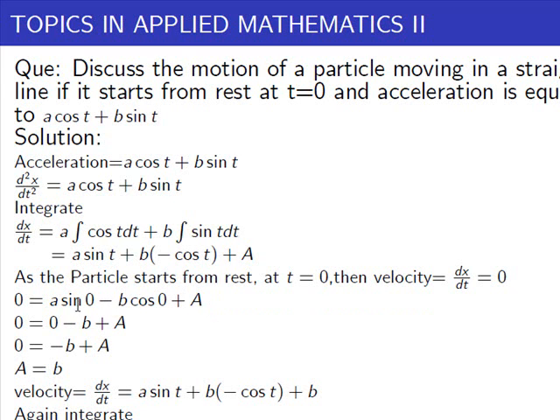Sin 0 is 0 and cos 0 is 1, so minus b plus A is equal to 0, and A is equal to b.